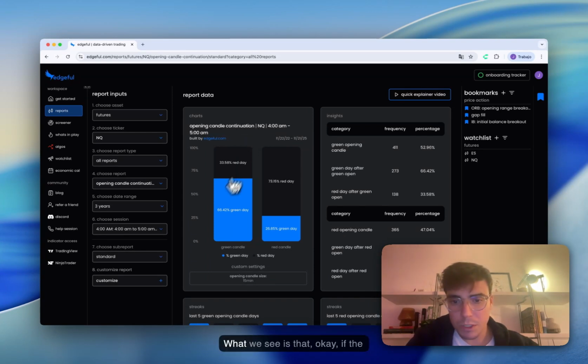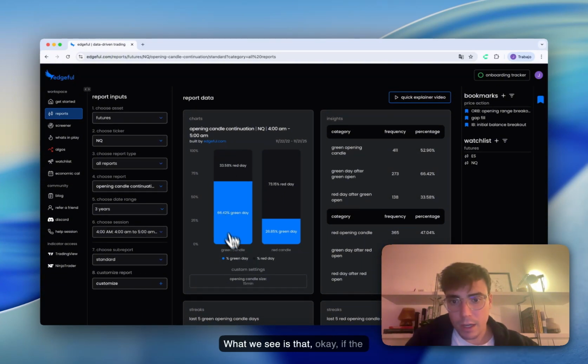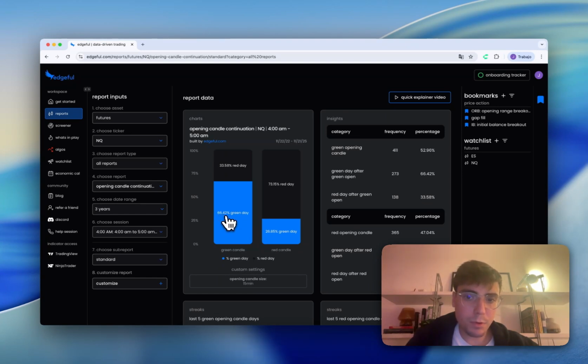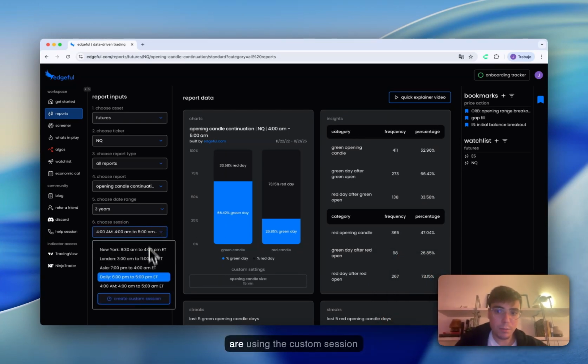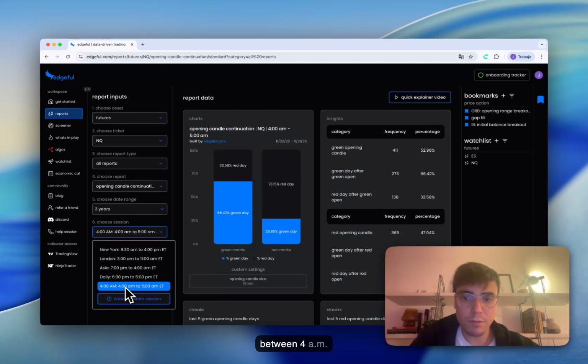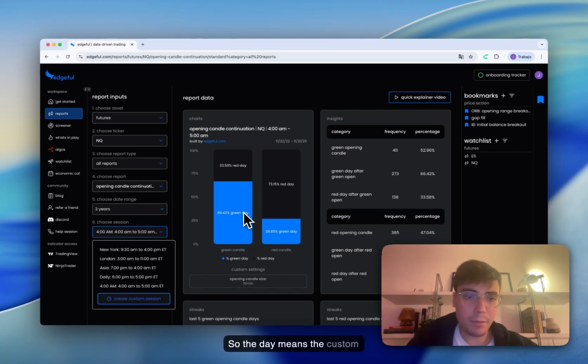And then looking at the report itself, the opening candle continuation for NQ between 4 a.m. and 5 a.m., what we see is that if the first 15-minute candle of the 4 a.m. hourly candle closes green, we have a 66.42% probability that the 1-hour candle, here it says green day, but we are using the custom session between 4 a.m. and 5 a.m., so the day means the custom session, not the actual day.